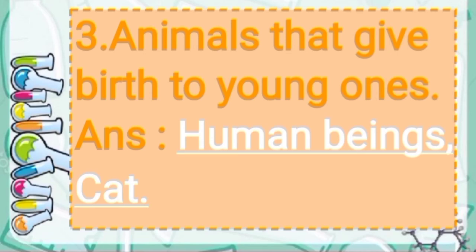So the answer is human beings. And second example is cat. So as you know, some animals do not lay eggs and they reproduce by giving birth to young ones. And human beings and cat are examples of animals that give birth to young ones.